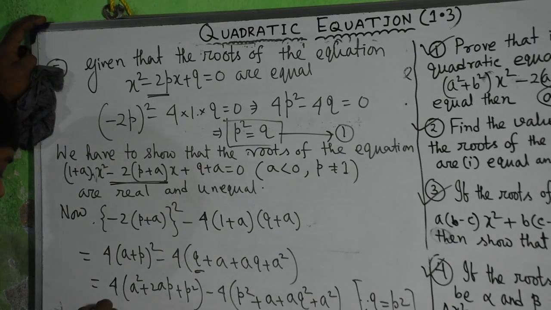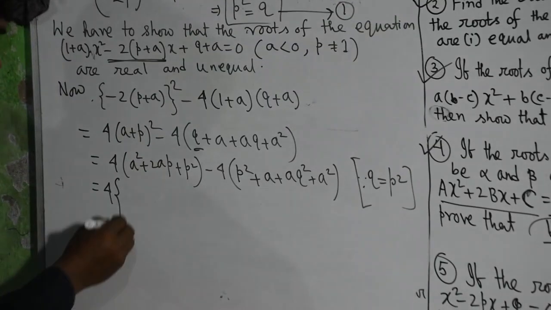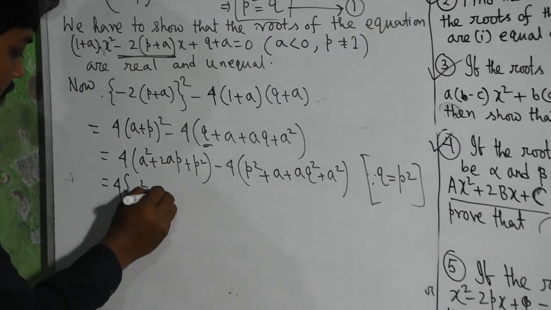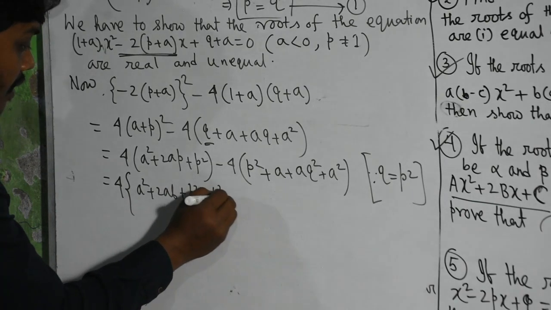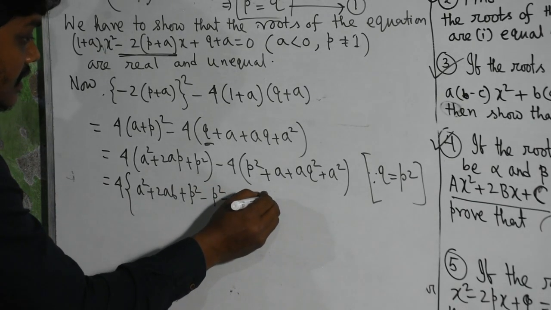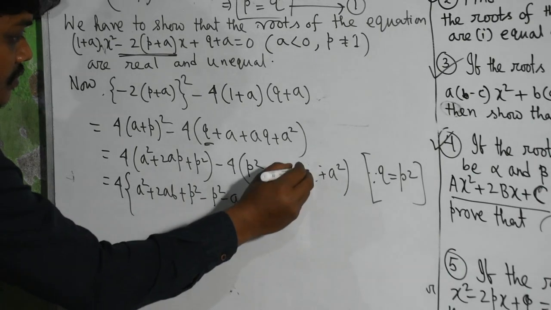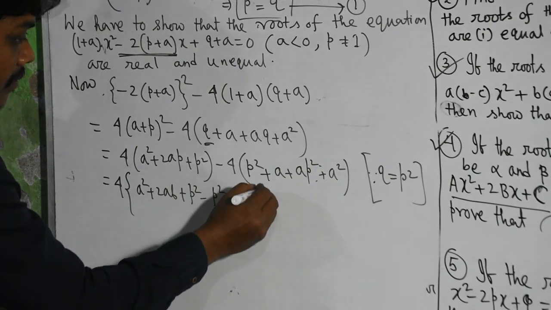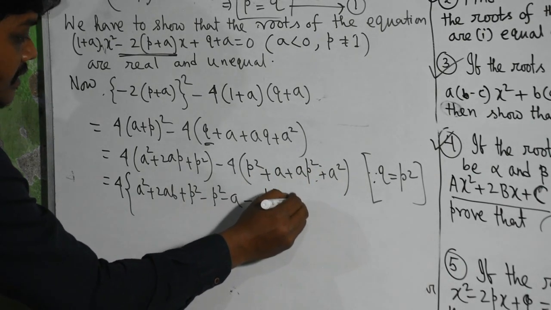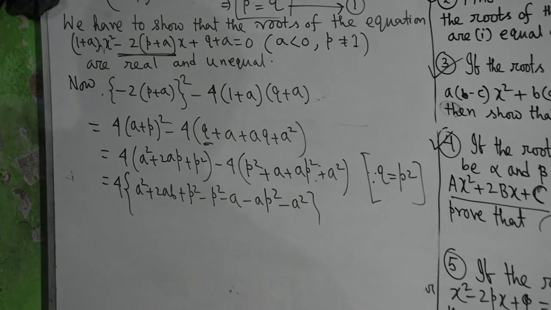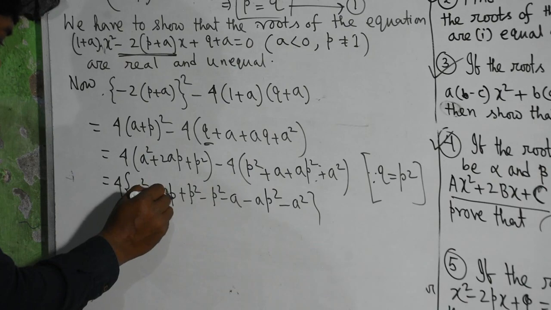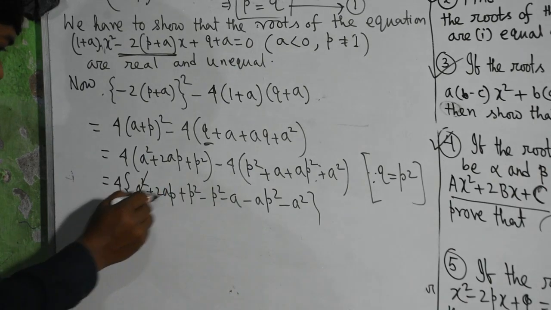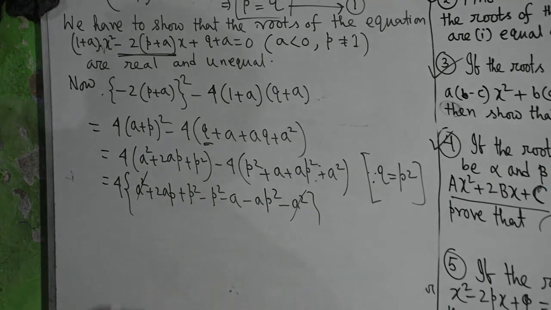So now 4 is the common part. I have taken 4 common: a square plus 2ap plus p square minus p square minus a minus ap square minus a square. So a square cancelled, p square cancelled.